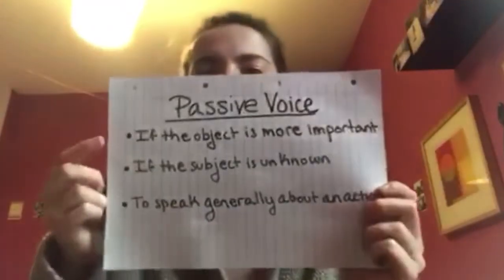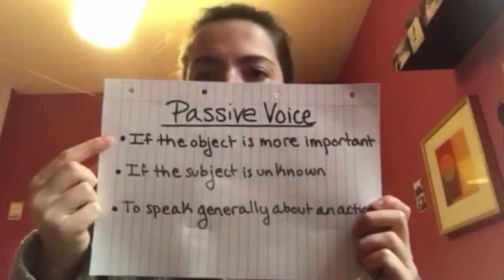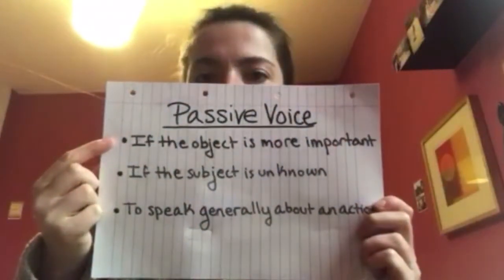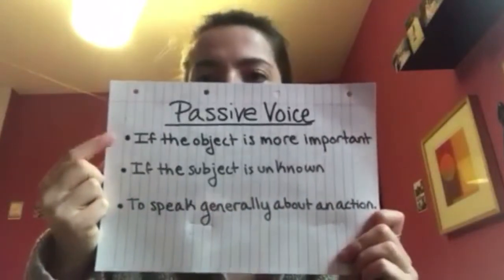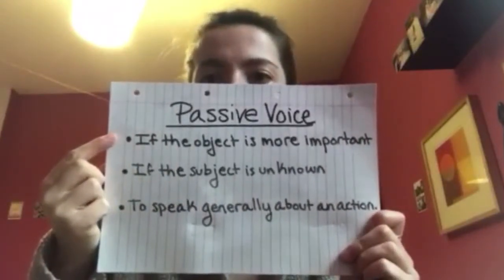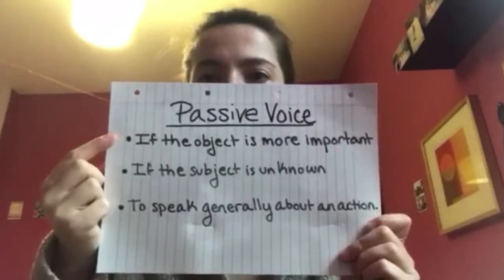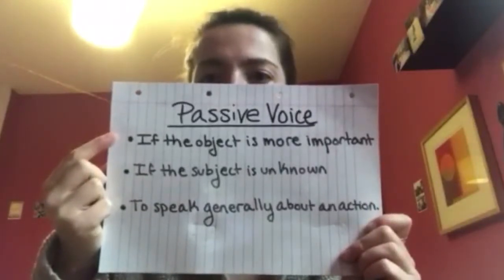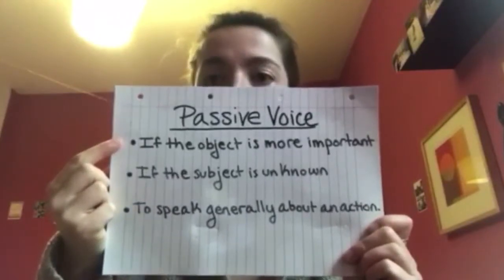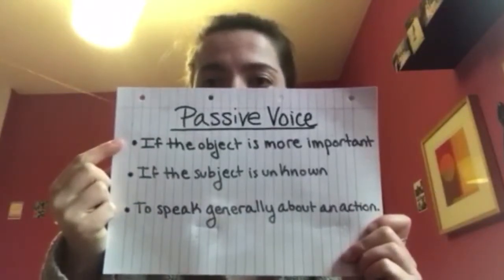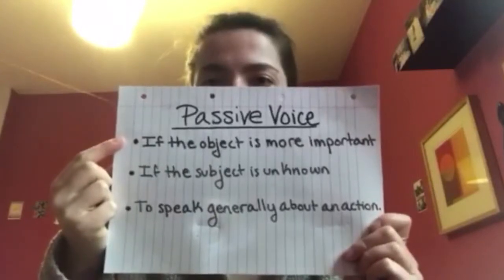Now let's look at some of the reasons why we use the passive voice in English. One reason is if the object of the sentence is more important than the subject. We saw that in the example with Tommy and his baseball, when it said the baseball was thrown by Tommy. In that case, the object, which was the baseball, was more important.